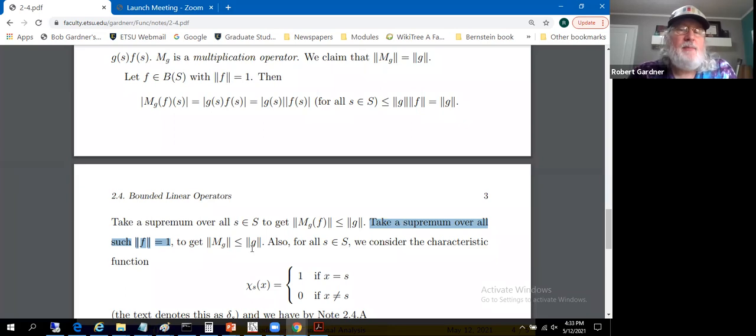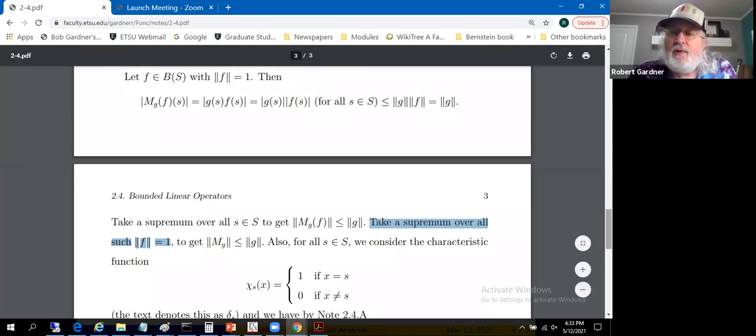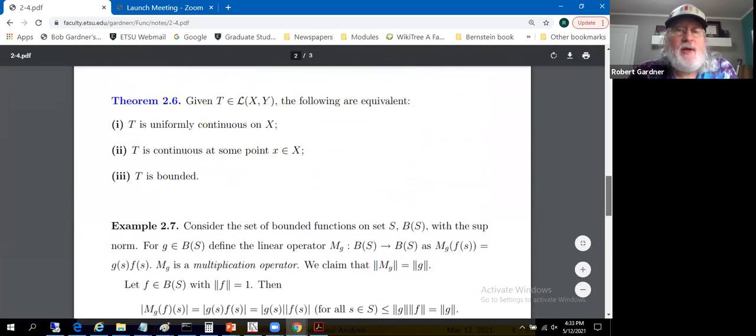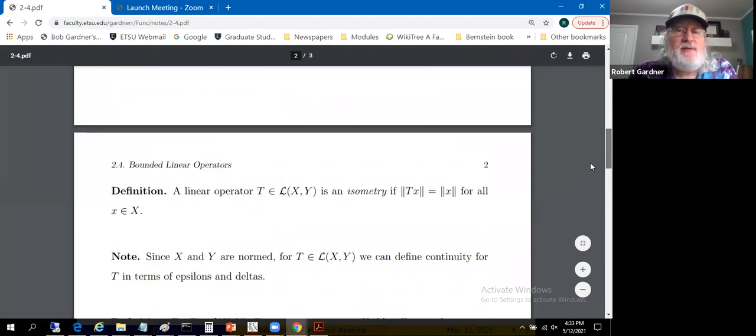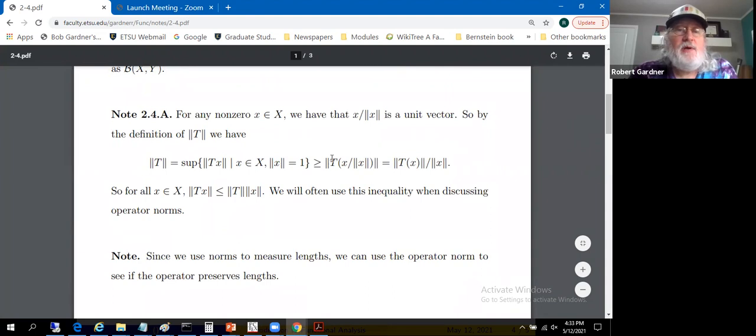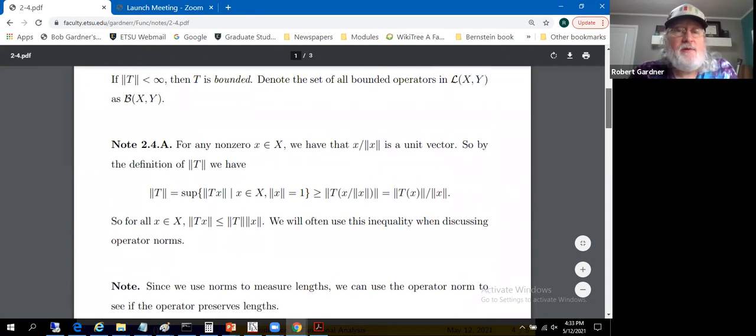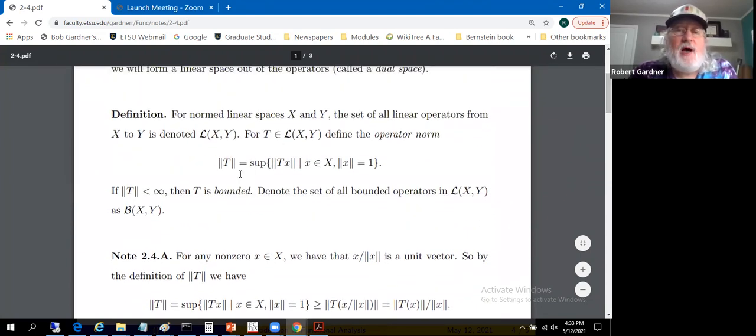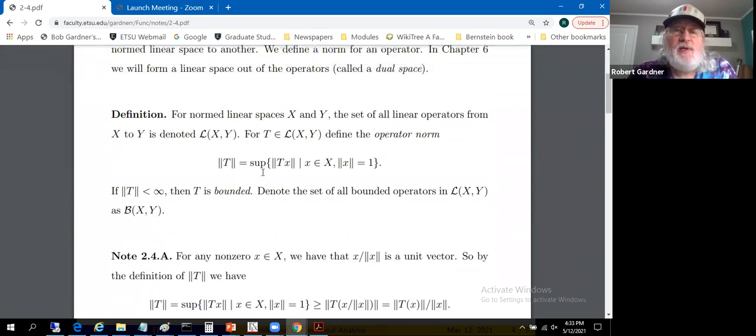Let's go back and look at operator norm one more time. Operator norm was defined as, yeah, here it is. The operator norm of an operator is defined as the supremum of the norm of that operator acting on a unit vector x.